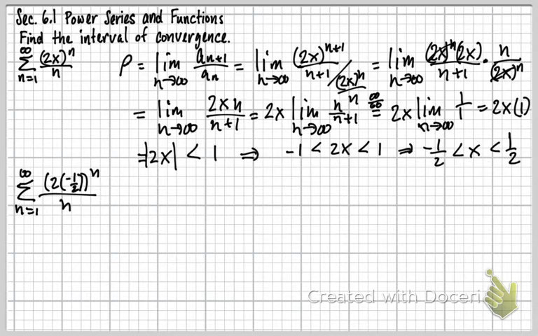Okay, so now this is going to equal the series n equals 1 to infinity of (negative 1)^n over n, which I'm just going to write another way, and you guys will see what I mean if you don't see it already.